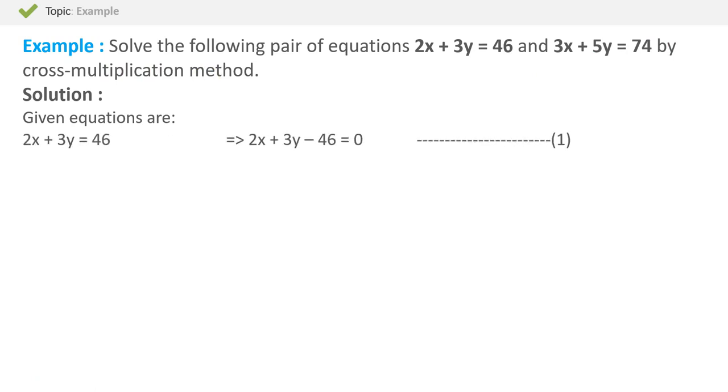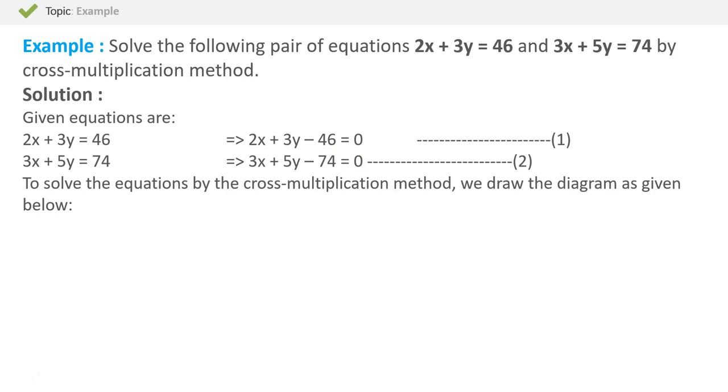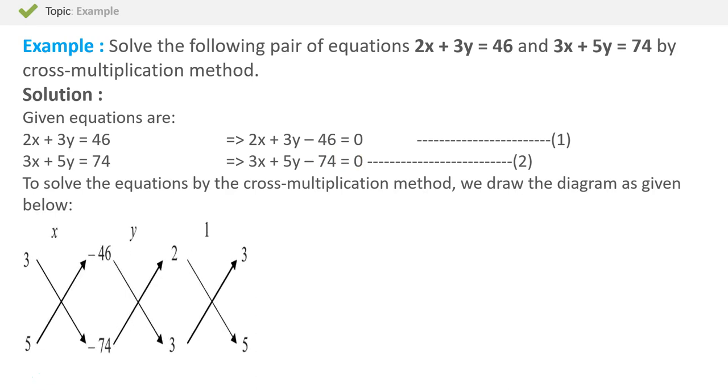In this case, the given equation 2x plus 3y equal to 46 can also be represented as 2x plus 3y minus 46 equal to 0, so that I can represent them in terms of a1 x plus b1 y plus c1, and 3x plus 5y equal to 74 can be represented as 3x plus 5y minus 74 equal to 0, which is a2 x plus b2 y plus c2, right?